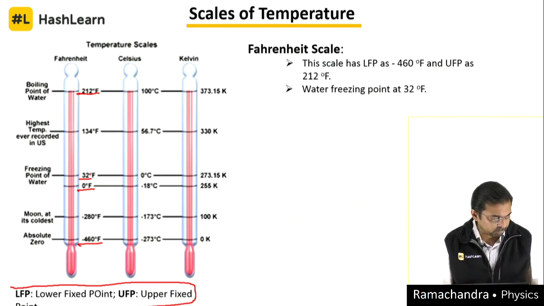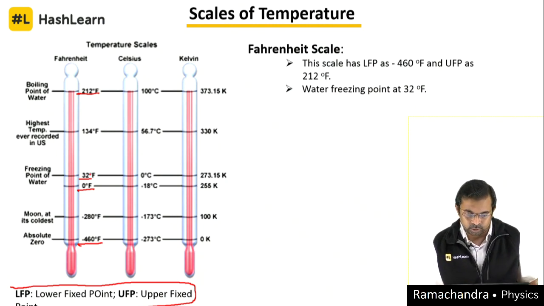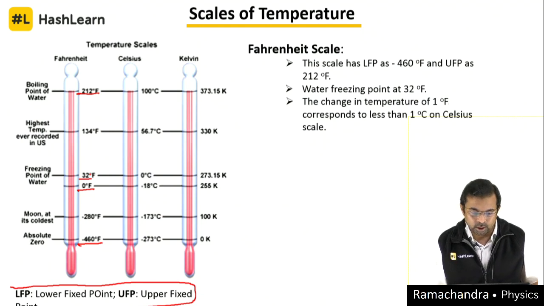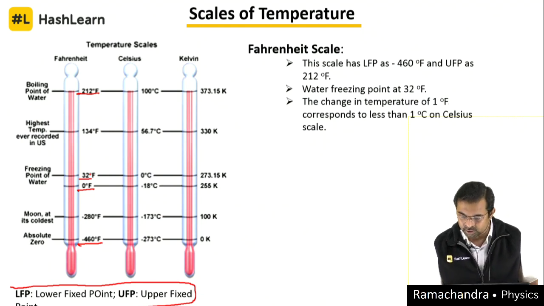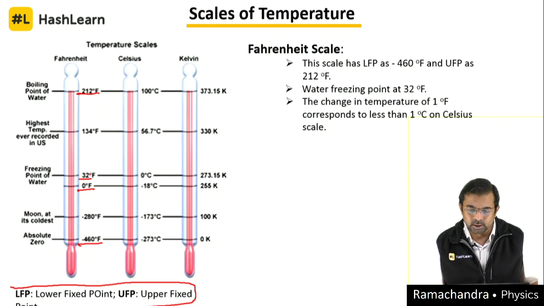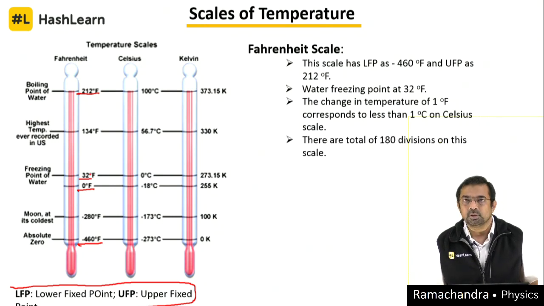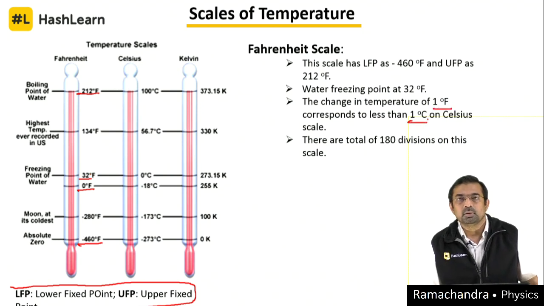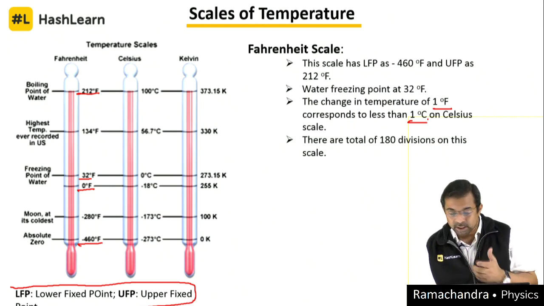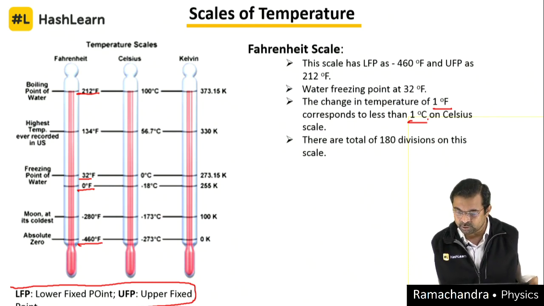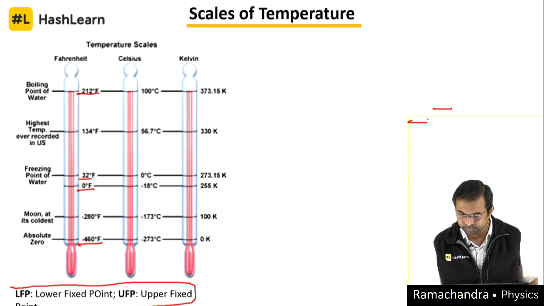Between the freezing point and the boiling point of water there are 180 divisions, and each graduation reads 1 degree Fahrenheit, where upon comparison you can notice that 1 degree Fahrenheit will be less than 1 degree Celsius. Thus you can easily identify that.